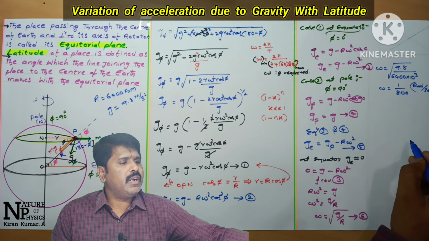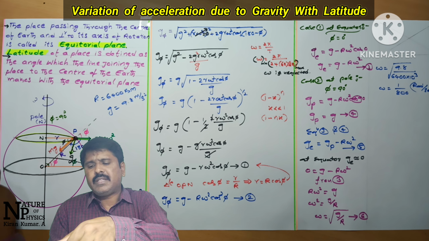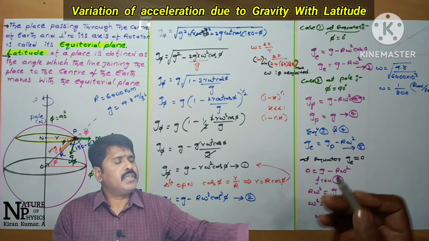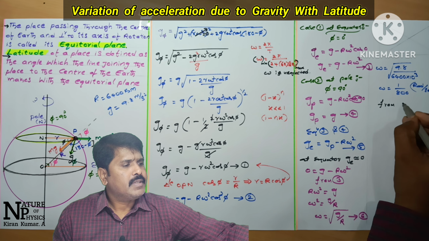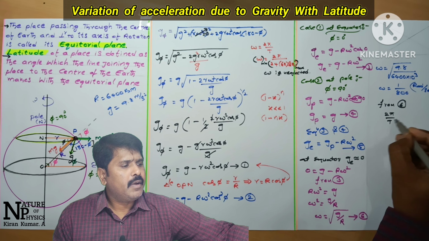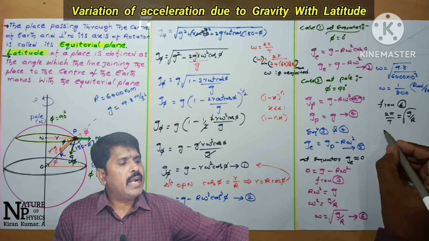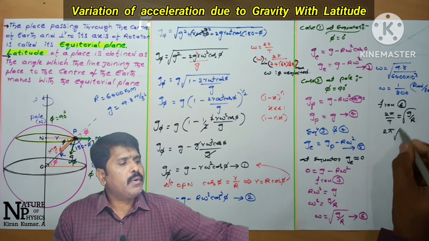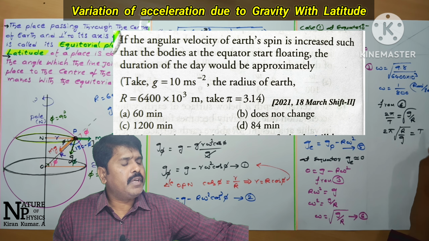And then, continuing, the time period also I want to find here. For that time period, see student, from equation number 6, omega is 2 pi by T, which is equal to root over g divided by R, and by cross multiplication 2 pi root over R divided by g is equal to T student.